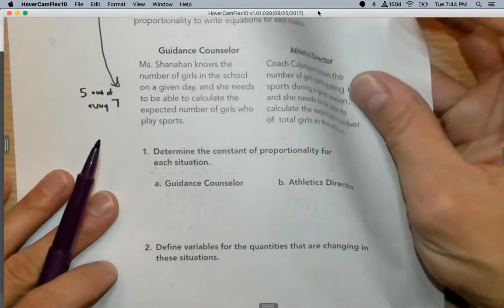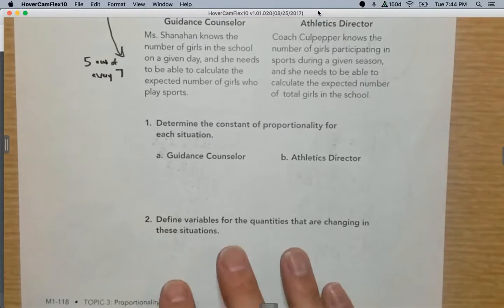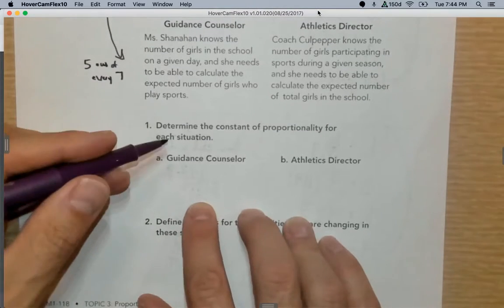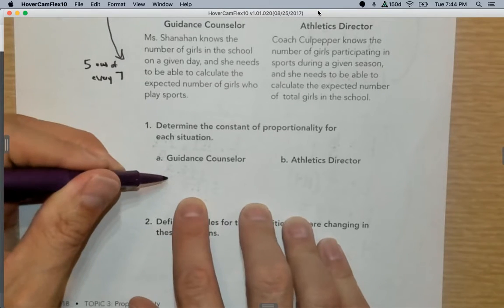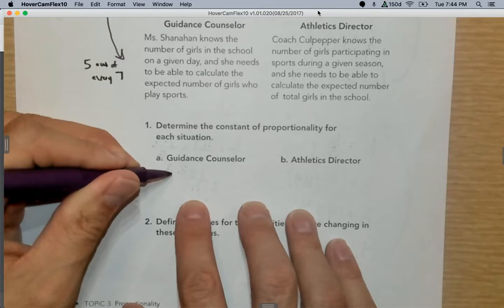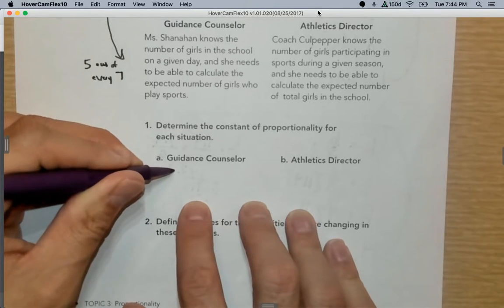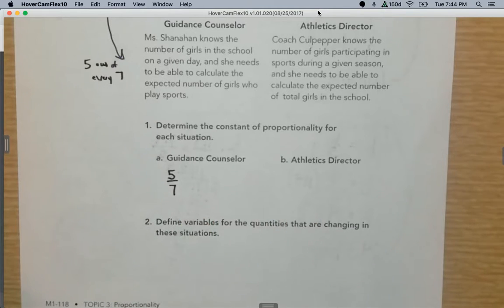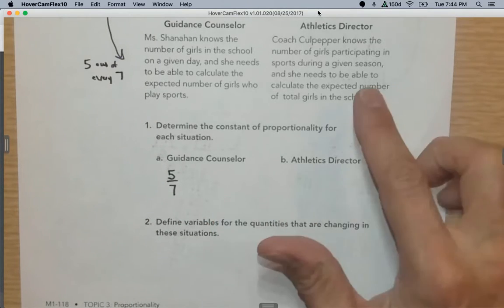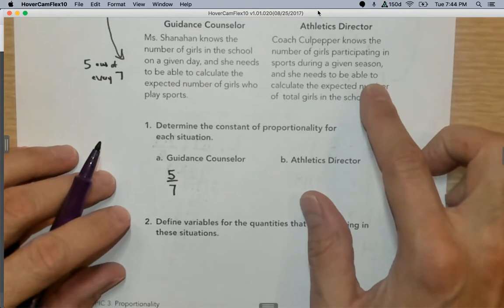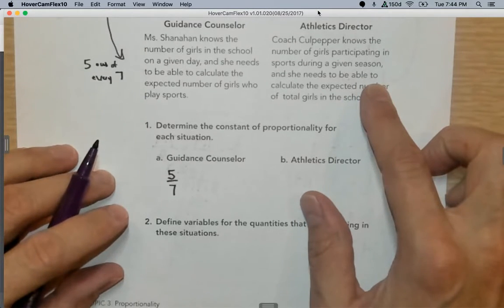So to do that, the constant would be, I would need to take whatever she knew, because she knew the whole population, and that would be 5/7.